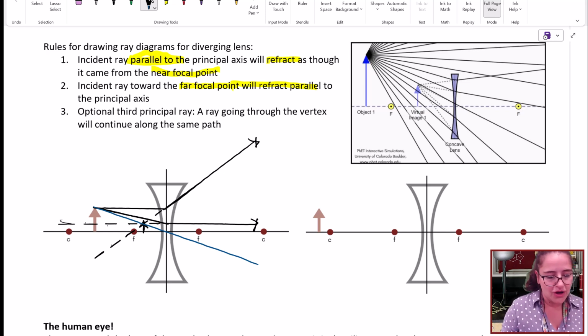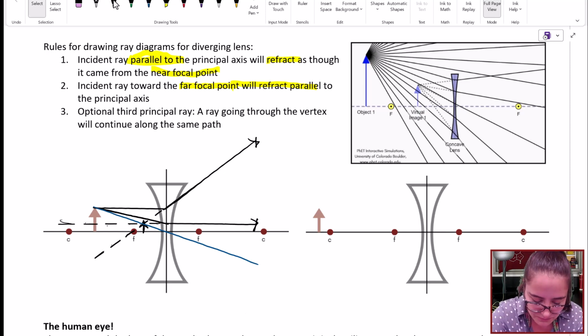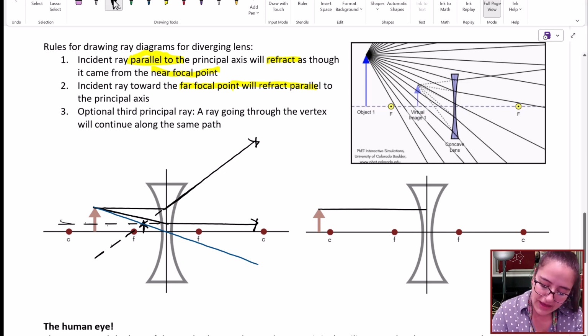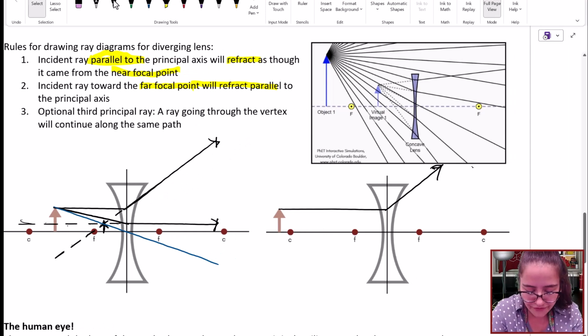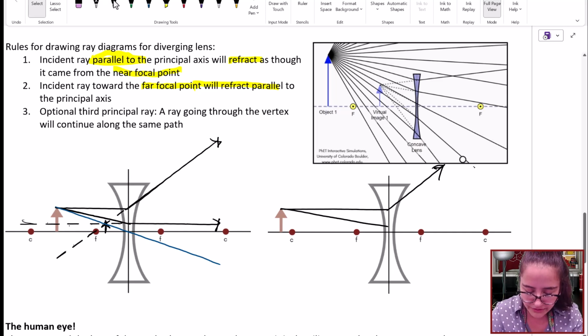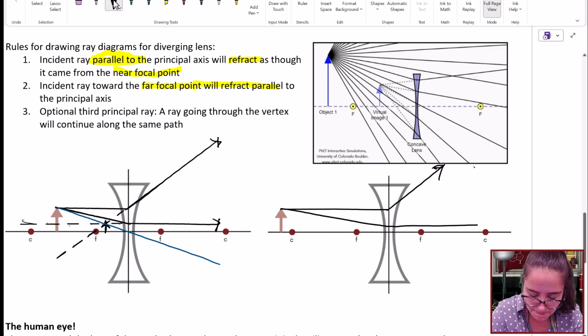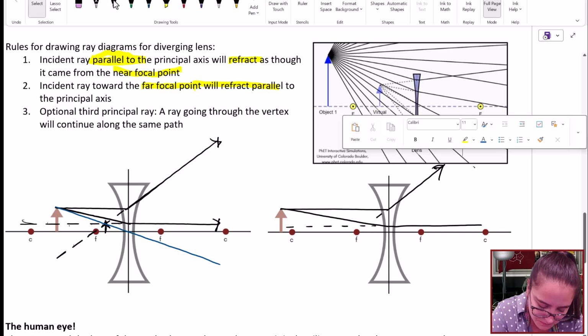So let's do one more of those type. We go parallel. We diverge as if we came from that near focal point. We go toward the far focal point, and we refract parallel. We trace the rays back as best we can here.